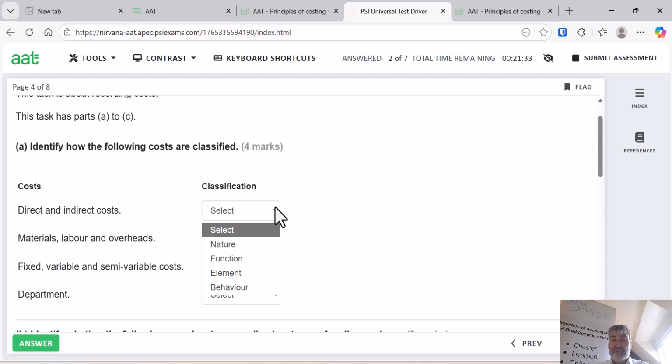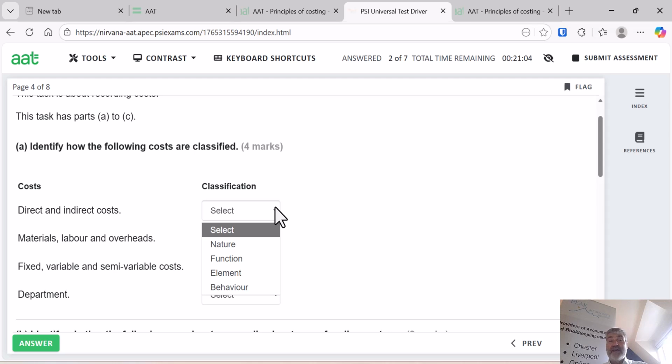Classification by nature, and straight away I'm going to answer the question here, means to classify the cost in terms of whether it's a direct cost or an indirect cost. A direct cost is one which can be specifically and wholly attributed to doing a particular thing, whether it's producing a unit of a product, providing a unit of a service, or performing a particular task.